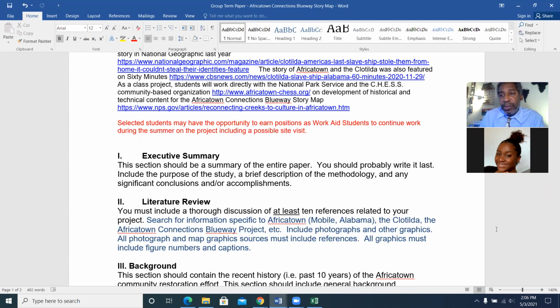And let's just face it, we live in a competitive capitalist system. Do you think the people in the community of Africatown, Prichard, and Mobile are the only people who don't see this money? I'll talk about that in a minute.